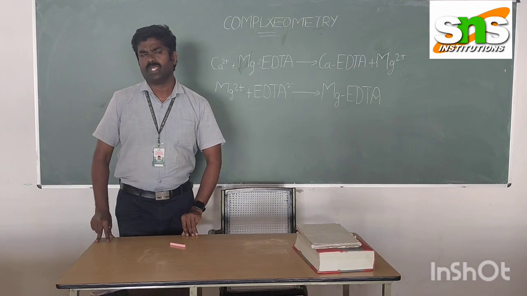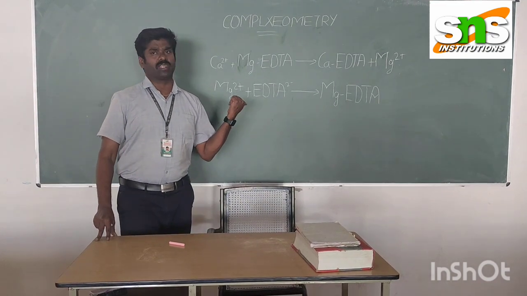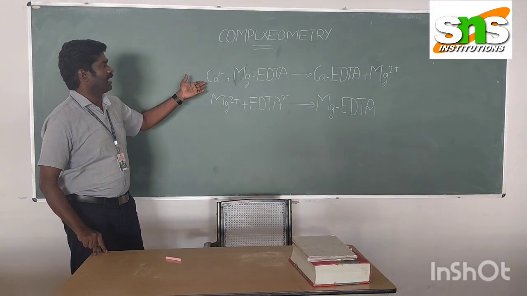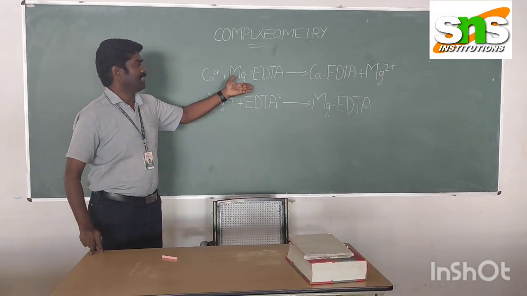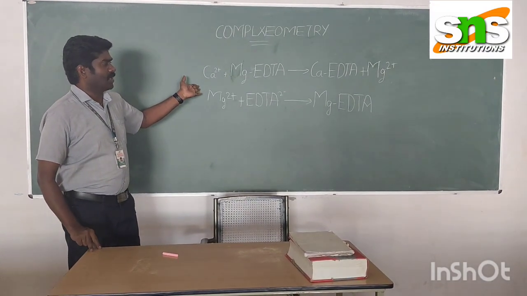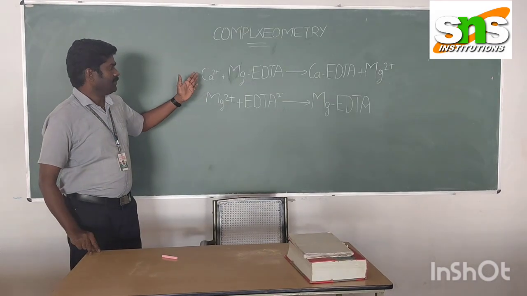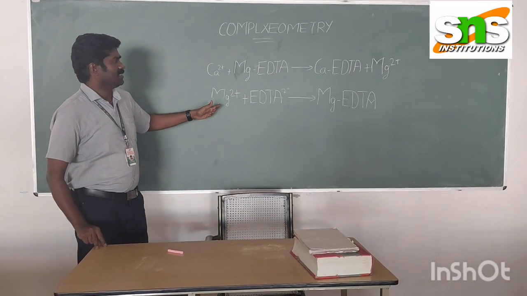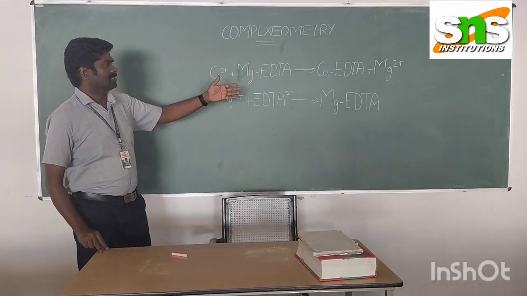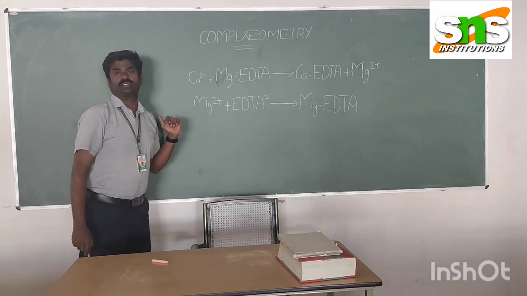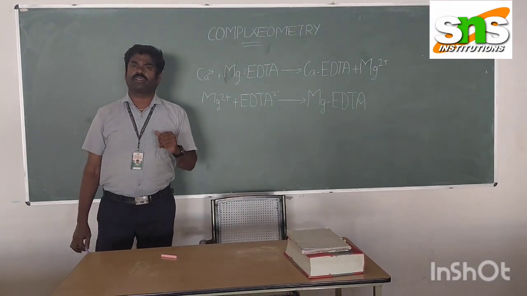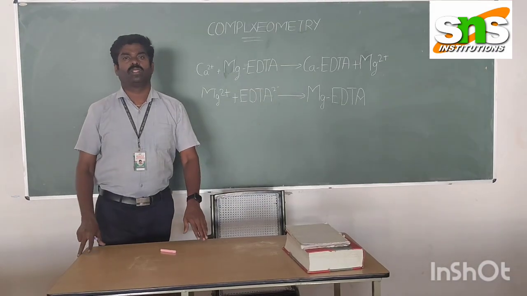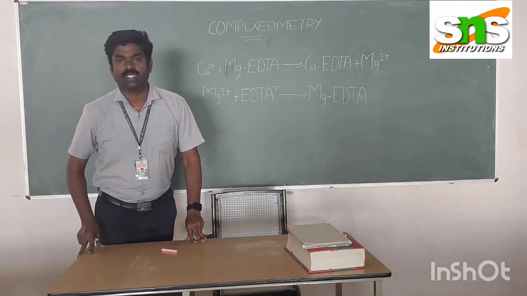Here you can see the equation: the calcium ion is allowed to react with magnesium EDTA, and the calcium ion replaces the magnesium ion in the first equation. We can find the end point with the help of a suitable complexometric indicator.